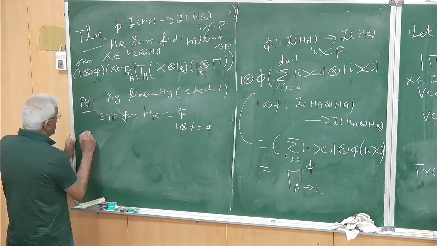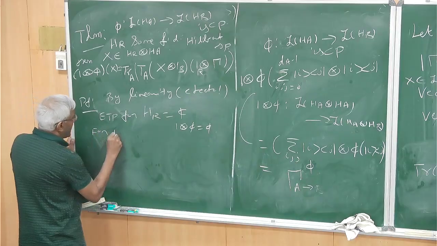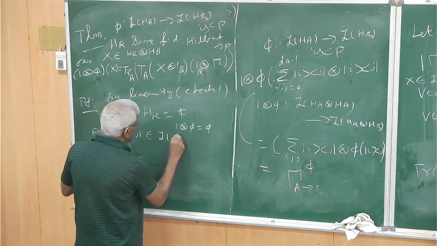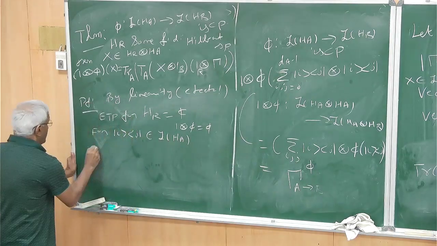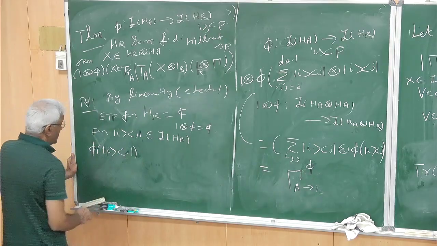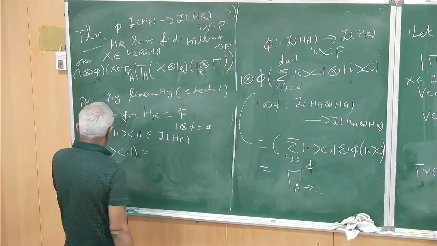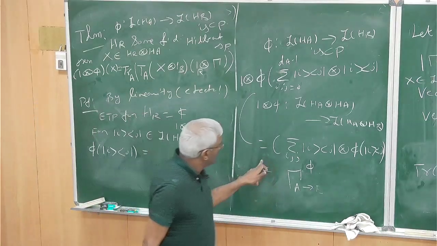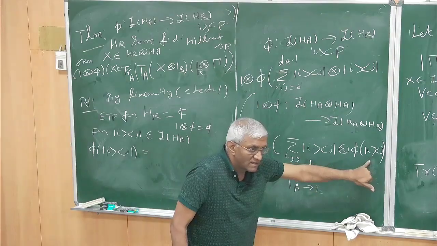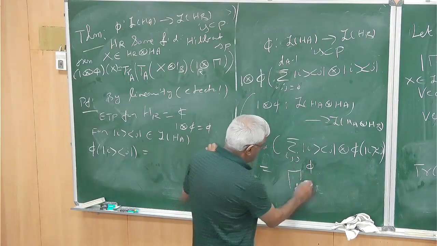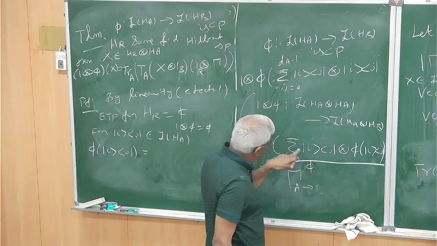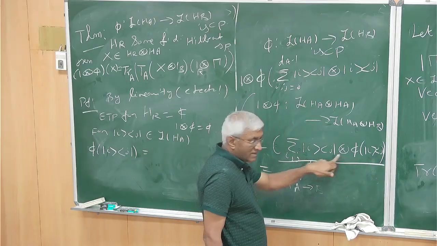So for ij in L of HA, phi of ij is here. This matrix is this. You want to get it, so you want to hit it with i and hit it with j here, and you will get the right one.